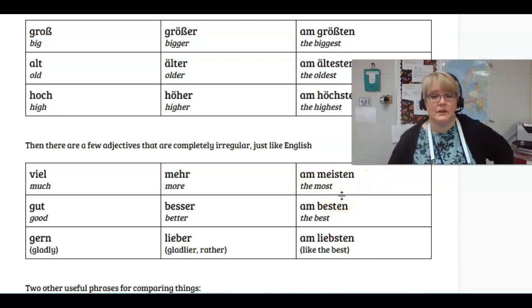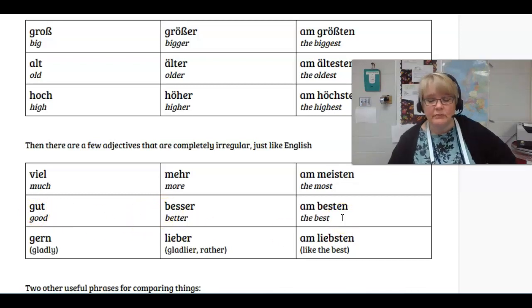Either way. Gut, besser, am besten. Again, not a problem for us English speakers because it corresponds to the English. Good, better, the best. You don't say good, good, or goodest, and auf Deutsch, you don't say that either. It's gut, besser, am besten.